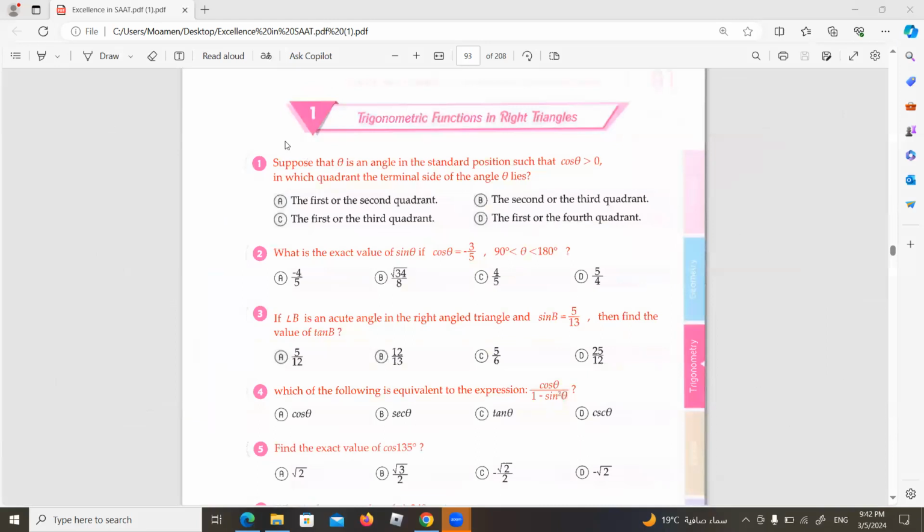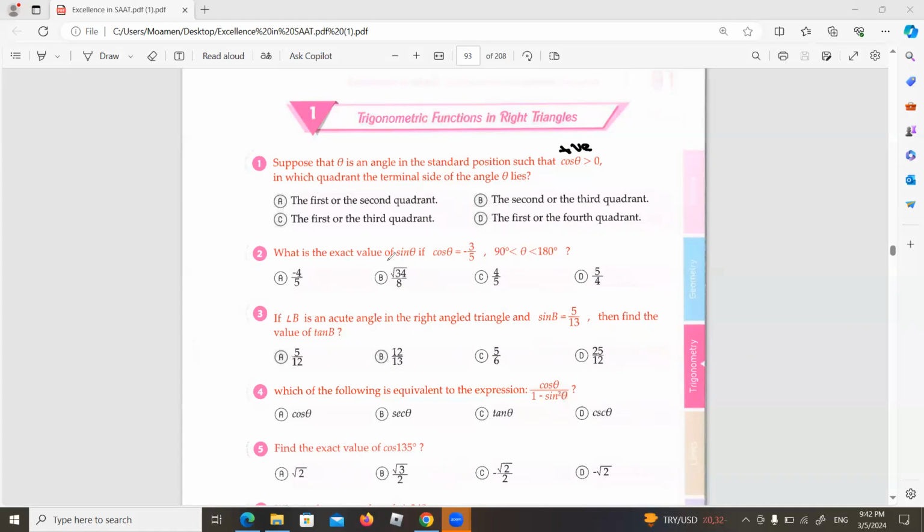Suppose that theta is an angle in its standard position such that cosine theta is greater than 0. It means positive, mister. So cosine theta is positive. Which quadrant does the terminal side of the angle lie in? You just said cosine is positive. In which quad?